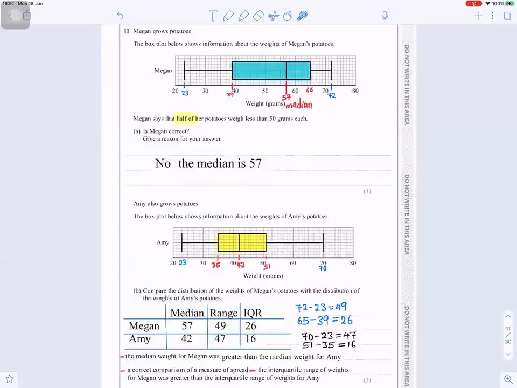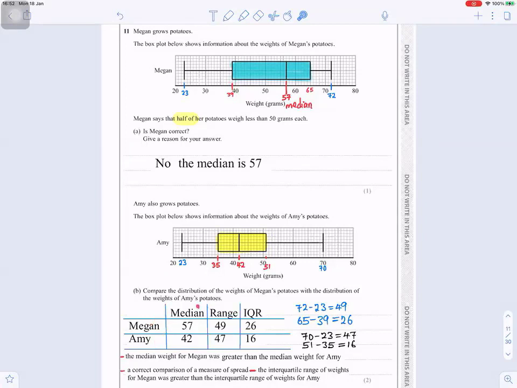Amy also grows potatoes. The box plot shows information about the weight of Amy's potatoes. Compare the distribution of the weights of Megan's potatoes with the distribution of the weights of Amy's potatoes. When we want to compare from the box plot, we do it in a table, which I've circled like that. In that table we have Megan and Amy.